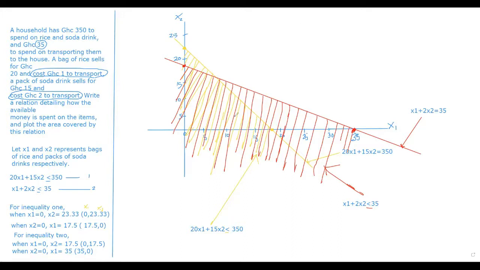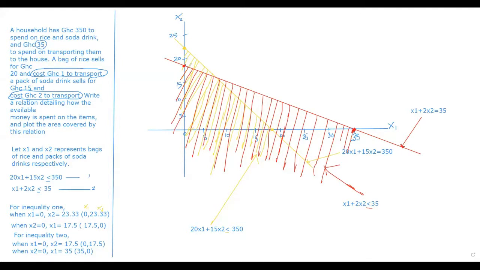Okay, so let's continue. So we are going to shade where they meet, the shaded region meets. So I'm going to see that now. Wherever you see the red line and the yellow lines will be where we are going to shade.